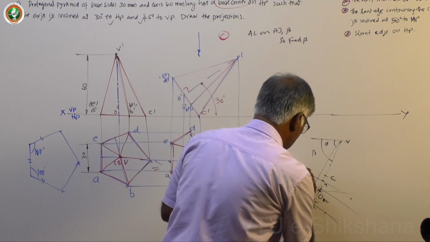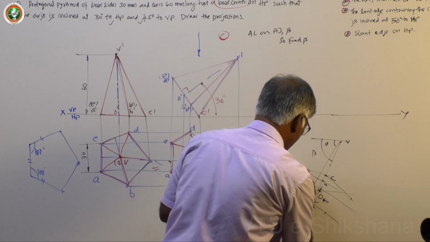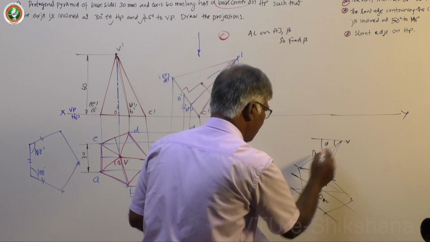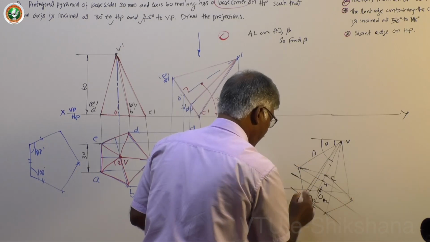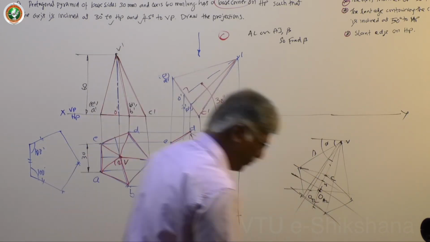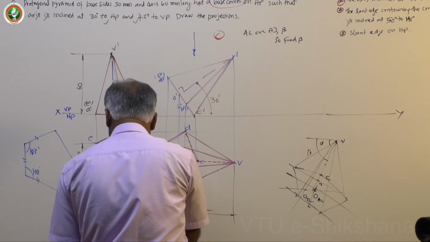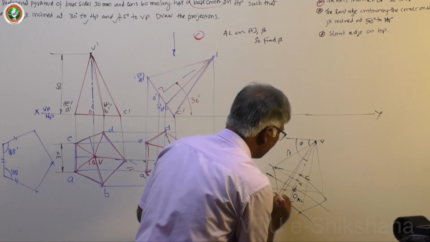Now draw light lines, and join these points. Assume that I have redrawn the same figure and darkened it. Whatever is available here, let me draw.